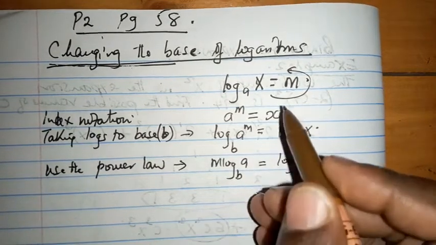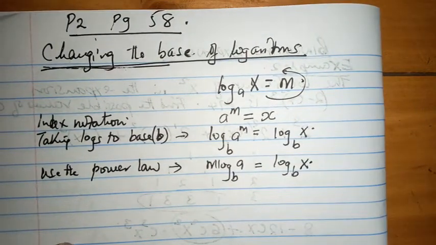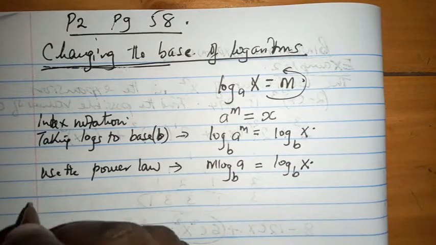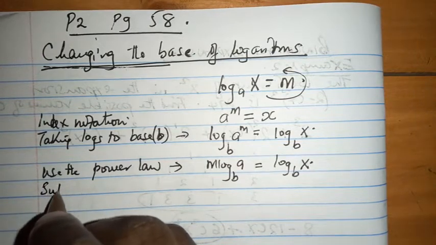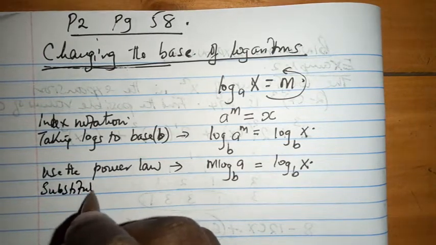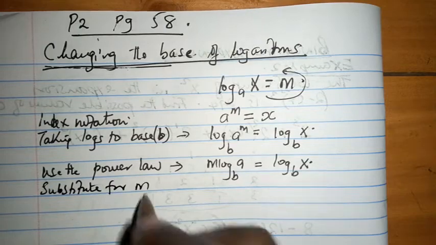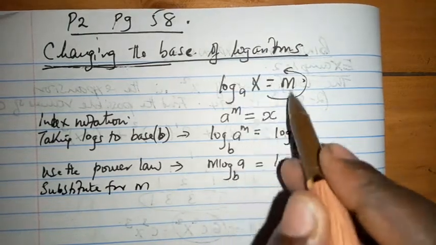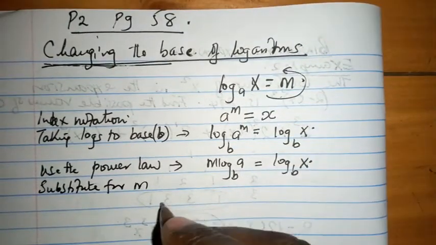And of course we know what m was. It means therefore we substitute for m, because you can see originally what m was.